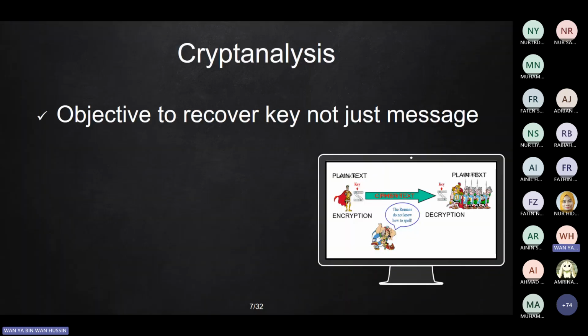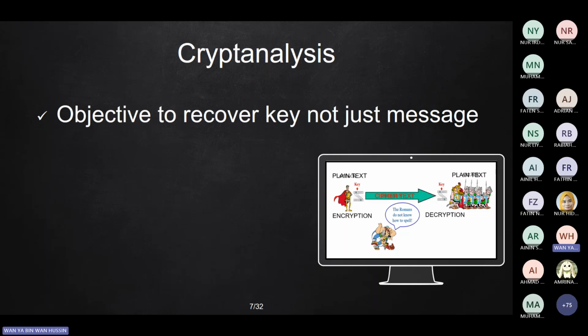Okay. So what is cryptanalysis? Cryptanalysis is a study of cryptography algorithm, to recover the key.